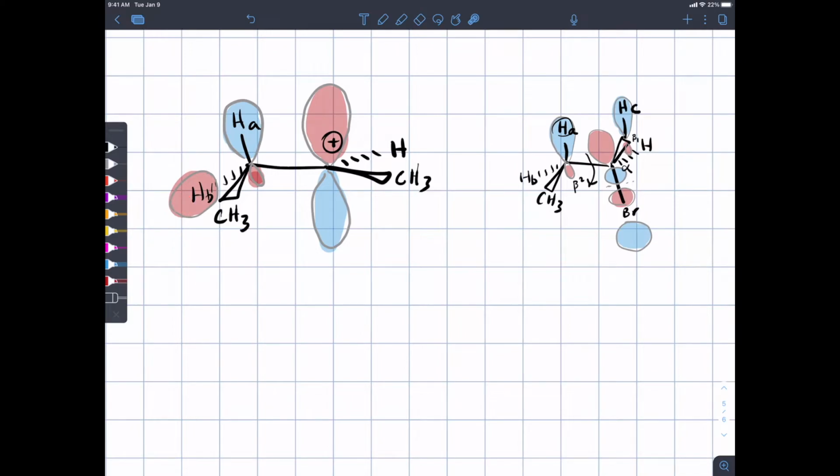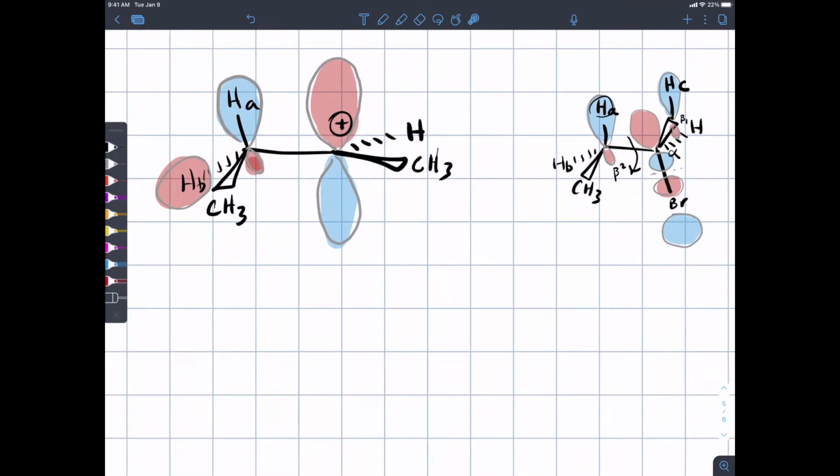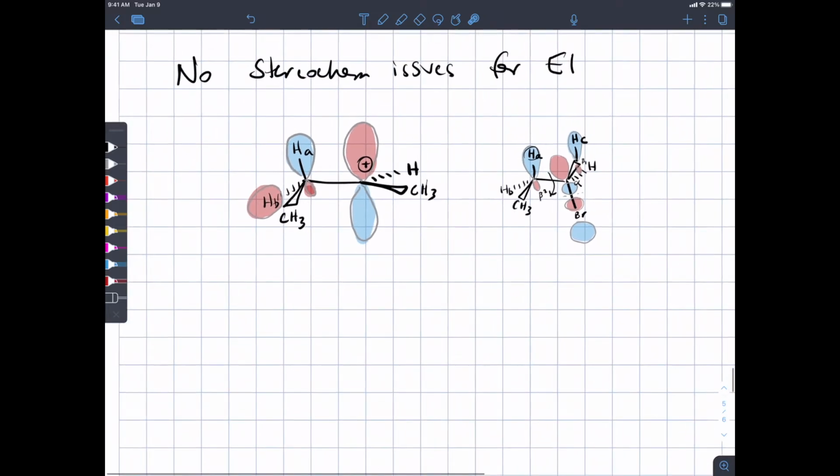Okay, so what if there's only one hydrogen? So you're saying there's LUMO on both of those? What I'm telling you is, in this direct comparison, the same molecule, but in the carbocationic intermediate of E1 versus the E2, in E2 only one proton is reactive.